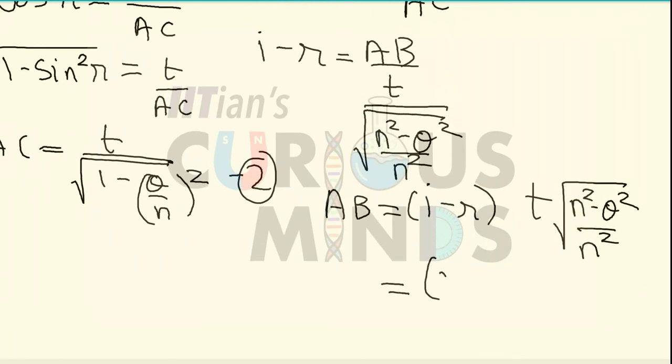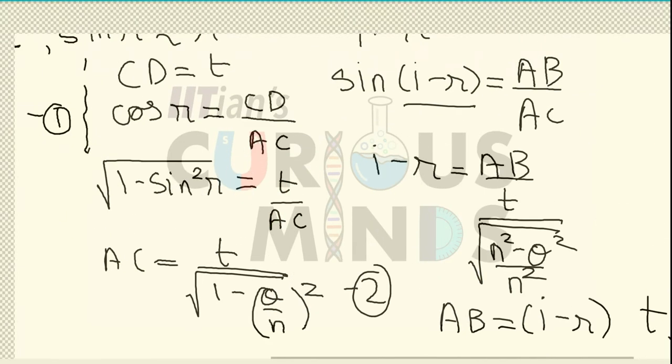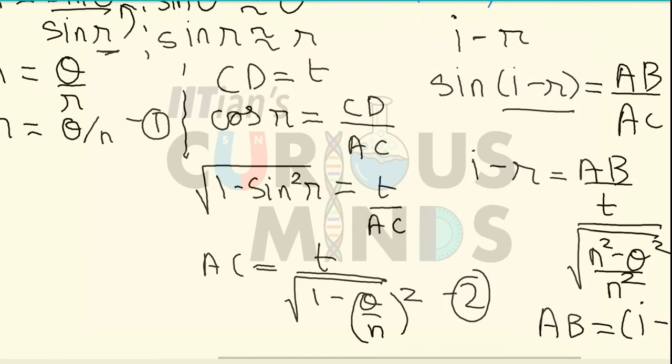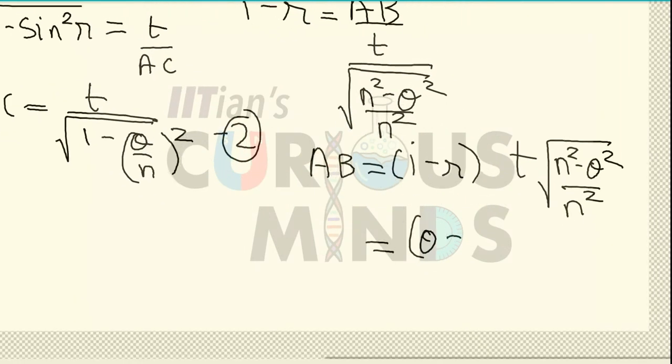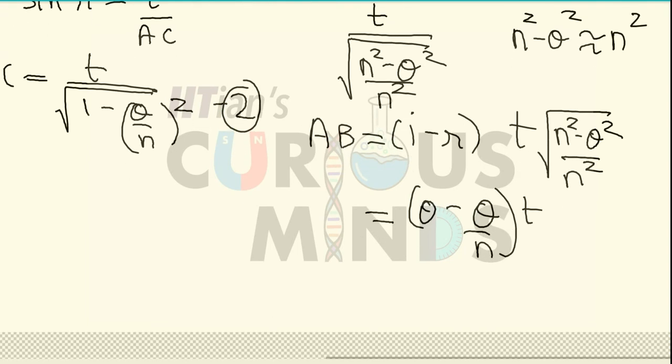Now i is equal to theta, and r I have already found out: theta divided by n. So it will be equal to theta minus theta divided by n, into t. Now n square minus theta square can be approximated to n square, because the refractive index will anyway be greater than 1. So n square by n square will be equal to 1.